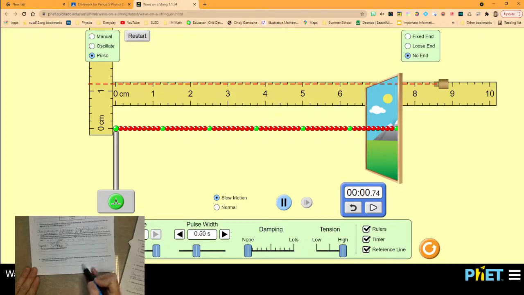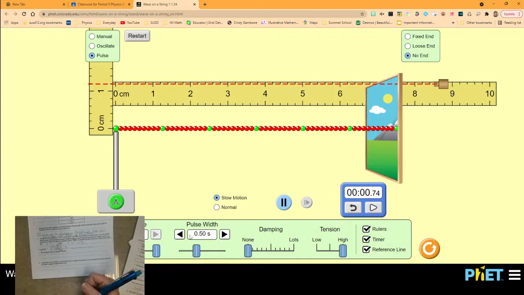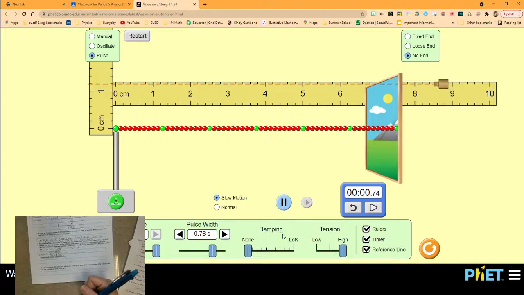What method did you find to change the speed of the wave? Remember that wave speed only depends on the medium through which it travels. So the amplitude will not change the wave speed. The pulse width will not change the wave speed. Damping or tension does change properties of the medium.